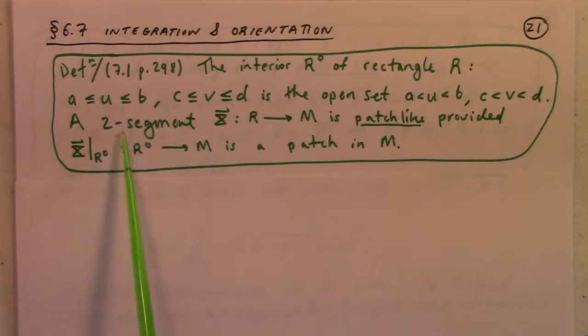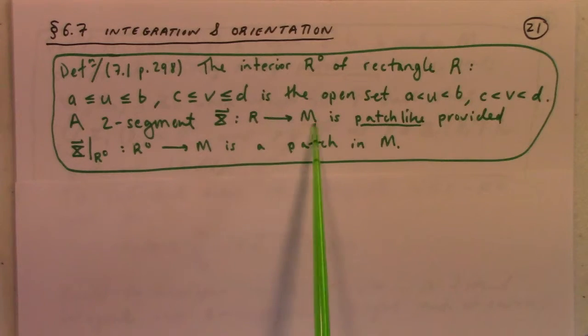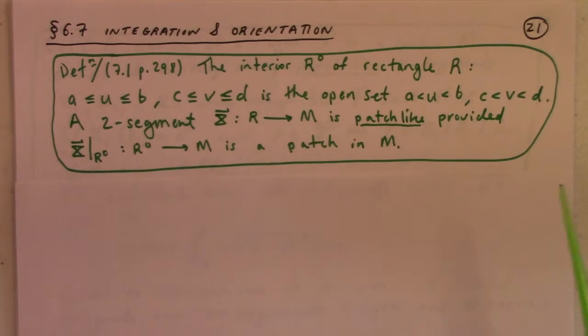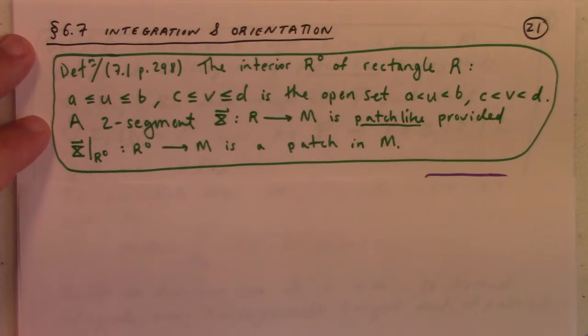A two-segment from R to M is patch-like, provided that if you drop the edges, it's a patch. In other words, it's at least injective on the interior and regular. So that means that the partial velocities are linearly independent. The cross product of the partial velocities being non-zero is another way you could characterize that.